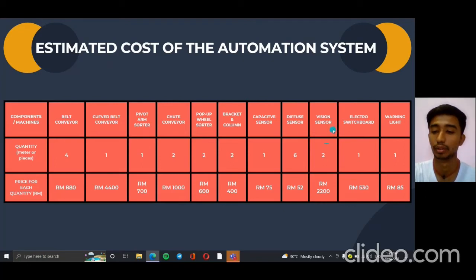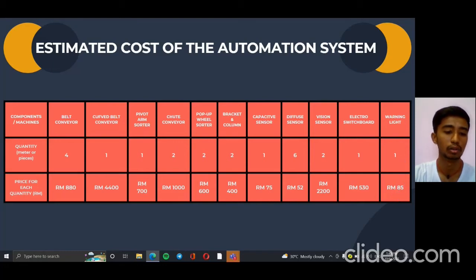Next, for the vision sensor, the quantity is 2 and the total price is 2200 for the 2 vision sensors. And next, the electro switchboard. The quantity is 1 and the price for it is 530. And finally, the warning light. The quantity is 1 and the price for the warning light is 85 ringgit.